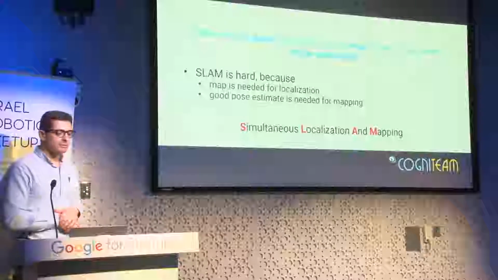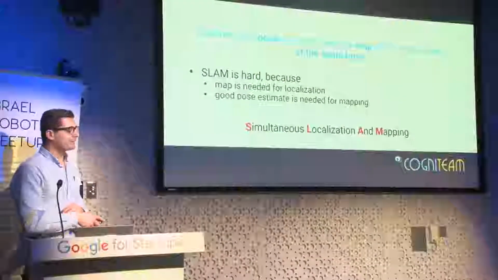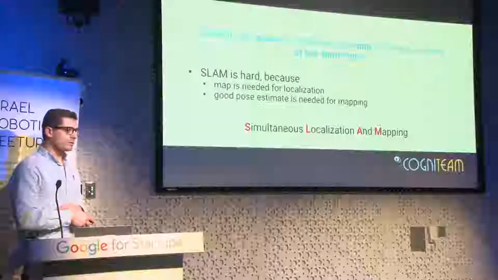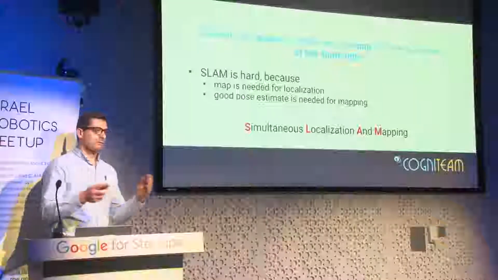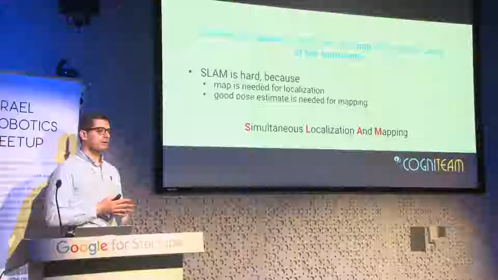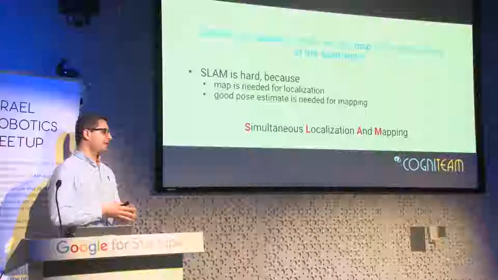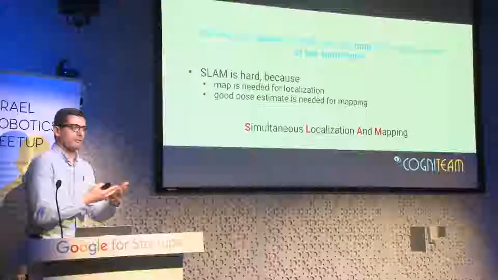SLAM is being able to estimate the position of a robot and the map of the environment at the same time. So the robot needs to know its location, and also build a map. The problem is considered difficult, because in order to localize yourself, you need to know where the map is, and then I will localize myself on the map.